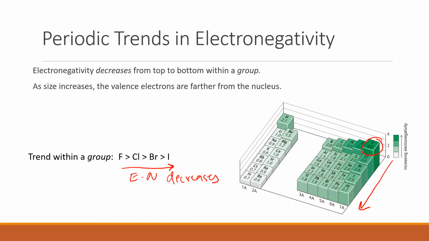At the bottom of the group, the atom size increases, so those are bigger atoms. So bigger atom means that their valence electrons are farther away from the nucleus, so therefore the attraction towards the nucleus is less.